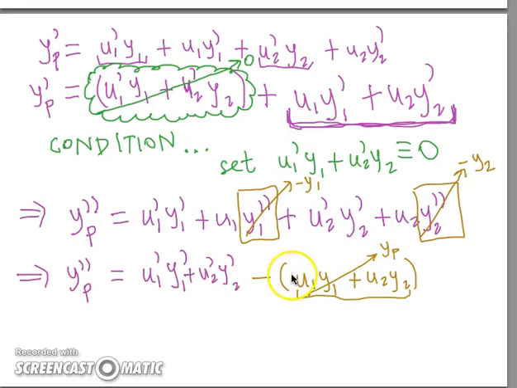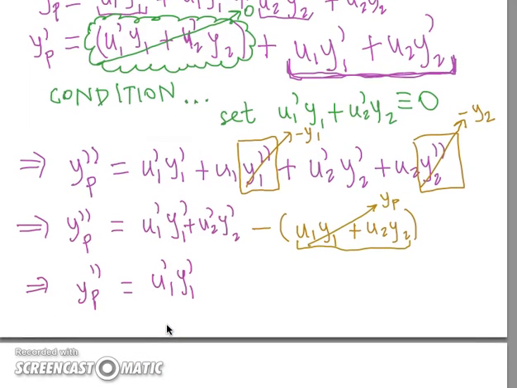So we're going to substitute that by y sub p. In other words, we can write here that the second derivative of this proposed particular solution is u1 prime y1 prime plus u2 prime y2 prime minus y sub p.